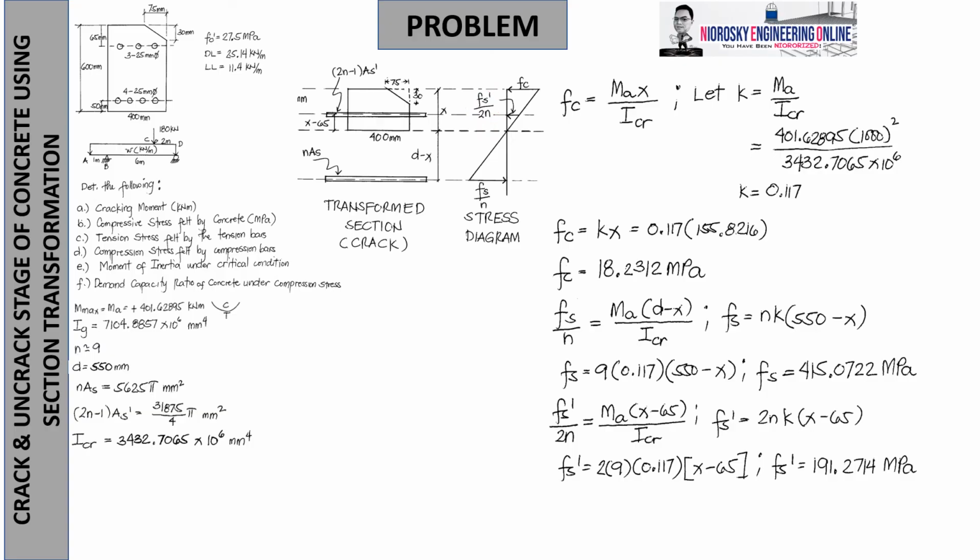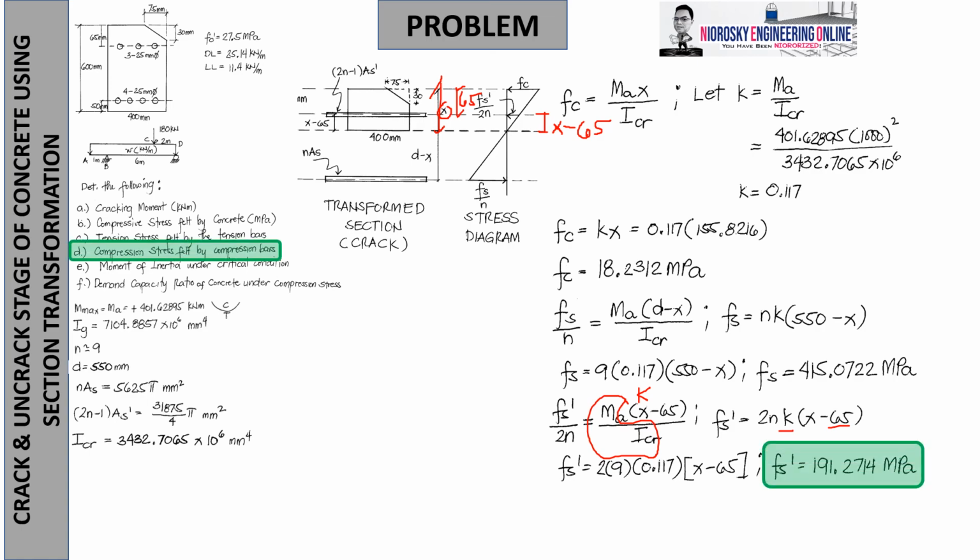So, therefore, doing the same, so magiging K d naman ito, yan, para madali, linear value, 2nK(x minus 65). Kasi 65 ito yung distansya niya, no? Ito, yan, this is x, no? Minus 65. Kasi this is 65, ano? Kanina binigay. Okay? And then this is x. Okay? So, therefore, we can now have 191.271 megapascal. That answers letter D. Ulitin ko, pag ito ay crack, yan ang sagot. Pero pag uncrack, it should be 0 also.